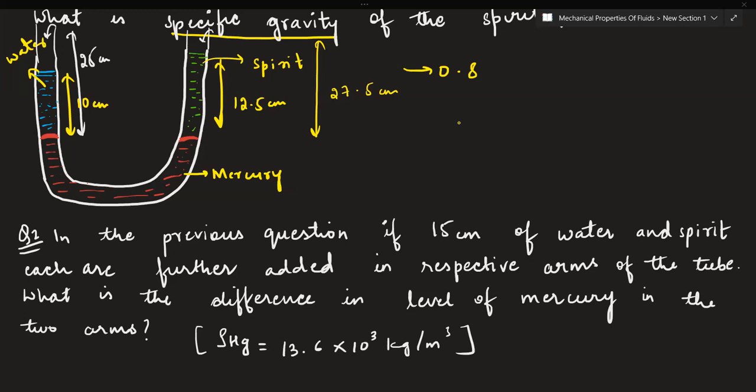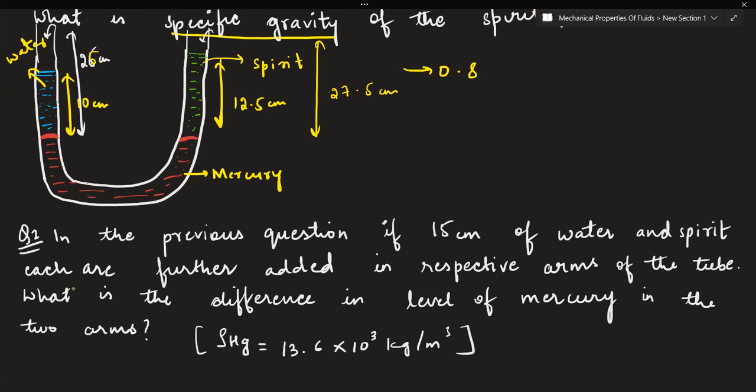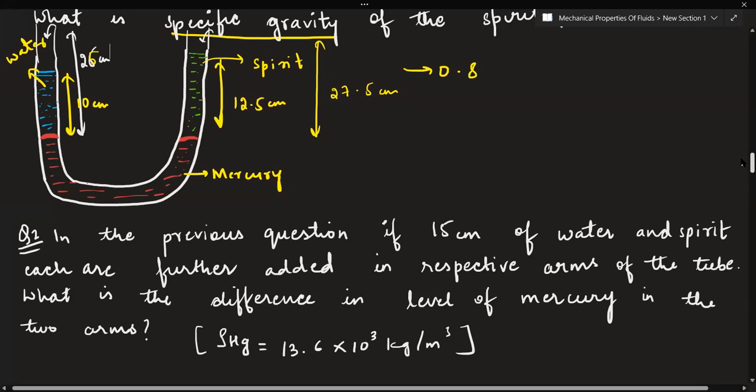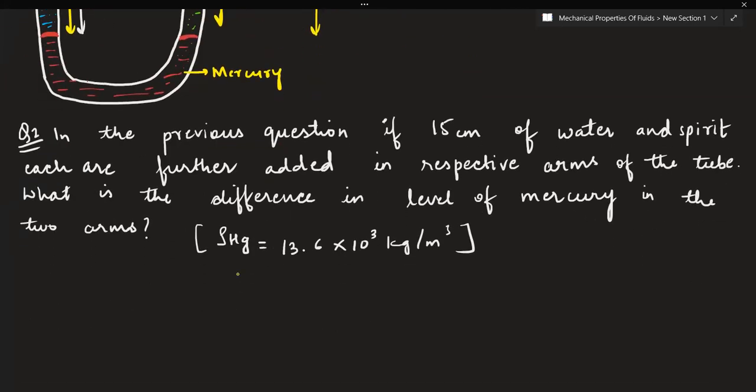Okay. See, now the length of spirit column is 27.5 centimeter and the length of water column is 25 centimeter. So this much portion is clear to you. Now see. Yes. Now we have taken the way you did the previous question. It's similar to that only.